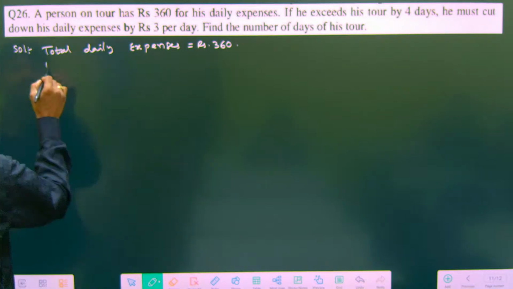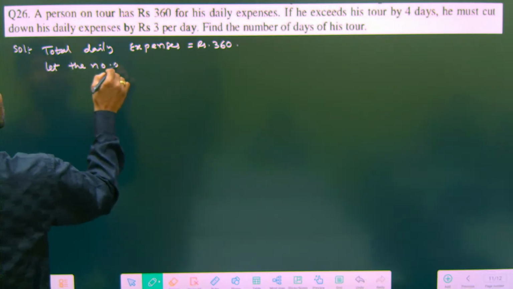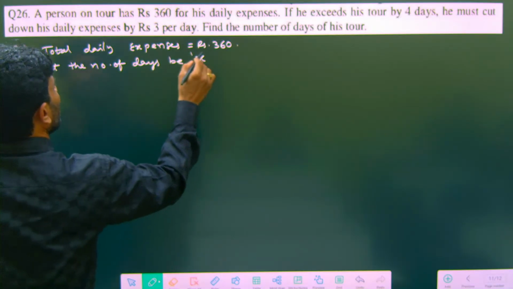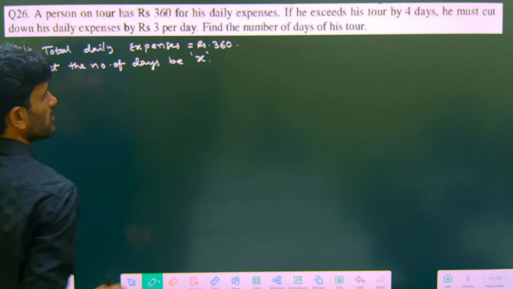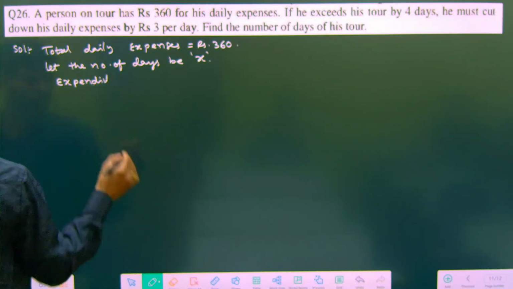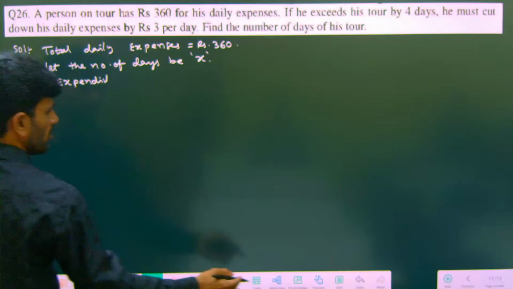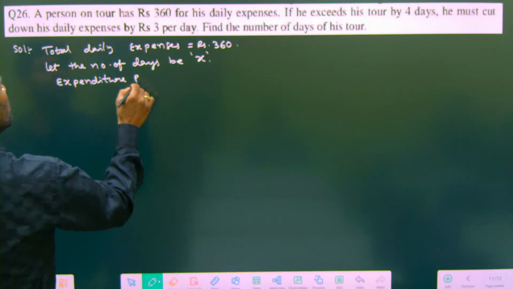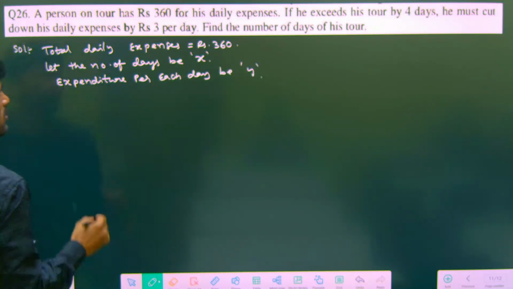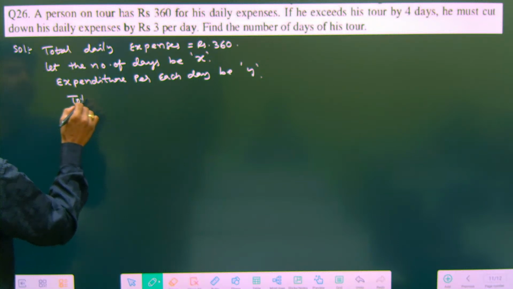Let the number of days be x, and the expenditure for each day be y.